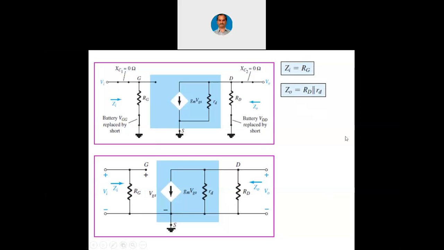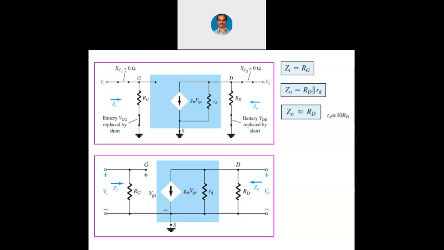Now the last one left is that we have to find out the expression for the voltage gain. And we already know that in BJT we always compared output versus input, and that is how we derived the expression for voltage gain. Let us follow the same procedure here.